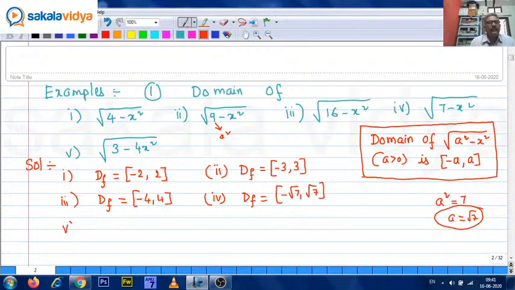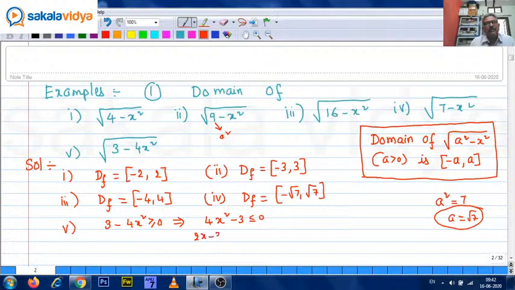Now the fifth one. Fifth one is some manipulation you need to do. You need to make x square coefficient positive. That means take 4 common out. If you take 4 common out, what do you get now here? 3 minus 4x square greater than or equal to 0. That implies 4x square minus 3 less than or equal to 0.